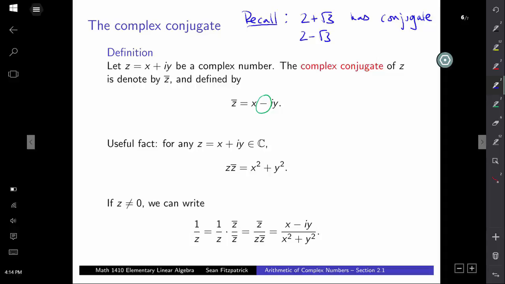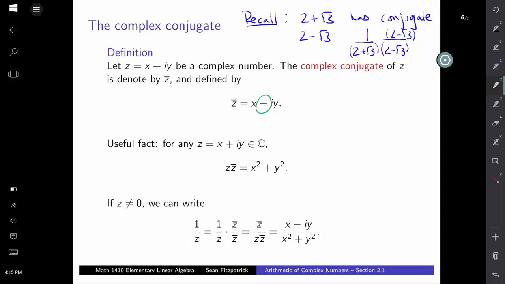And where did you use these conjugates? You used them when you were rationalizing, right? You said, okay, I want to do 1 over 2 plus root 3, so I multiply top and bottom by this conjugate, 2 minus root 3, and that allows you to simplify. You get that square root out of the denominator.